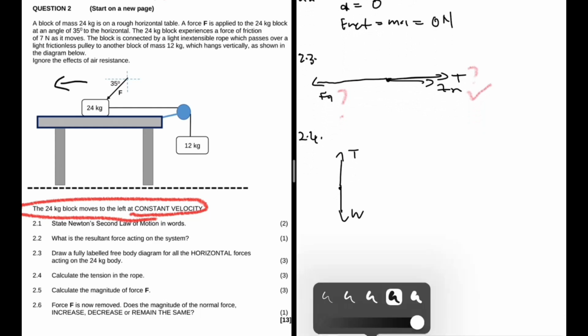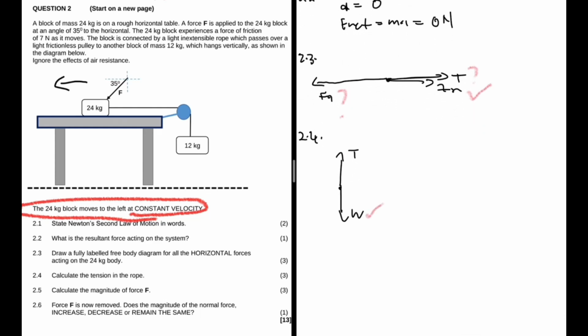We know the weight, obviously, because we have the mass. The only unknown variable is the tension. So clearly, it will be easier for us to use the 12 kg block to find the tension versus the 24 kg block, because on the 24 kg block, at this point, we have two unknown variables.